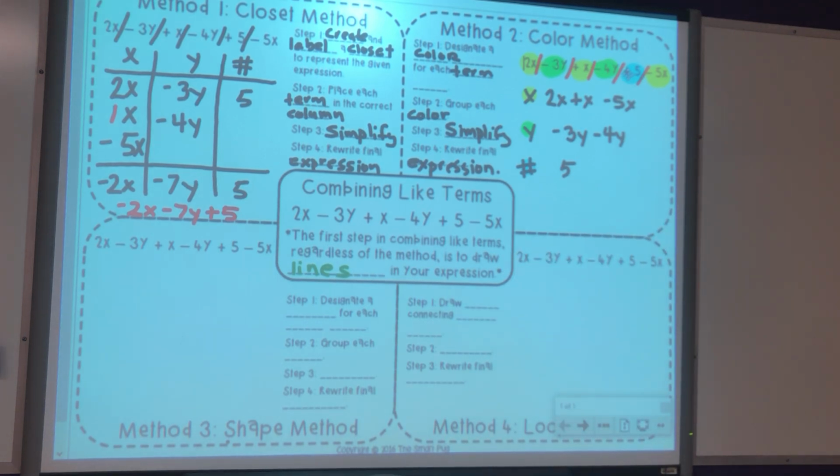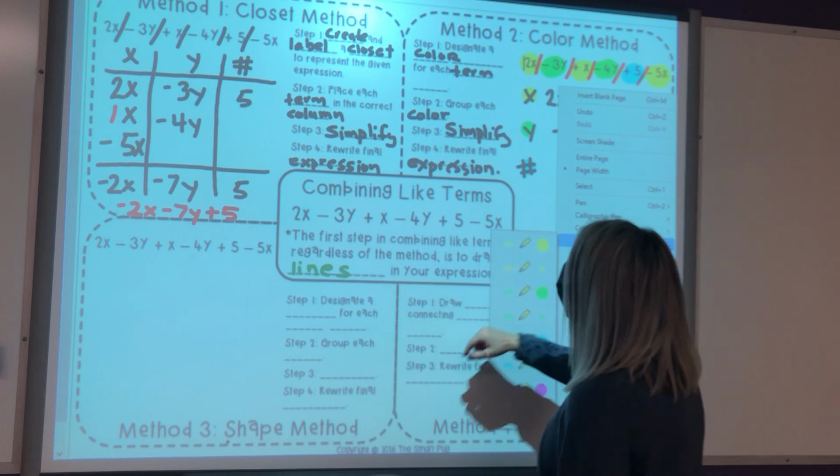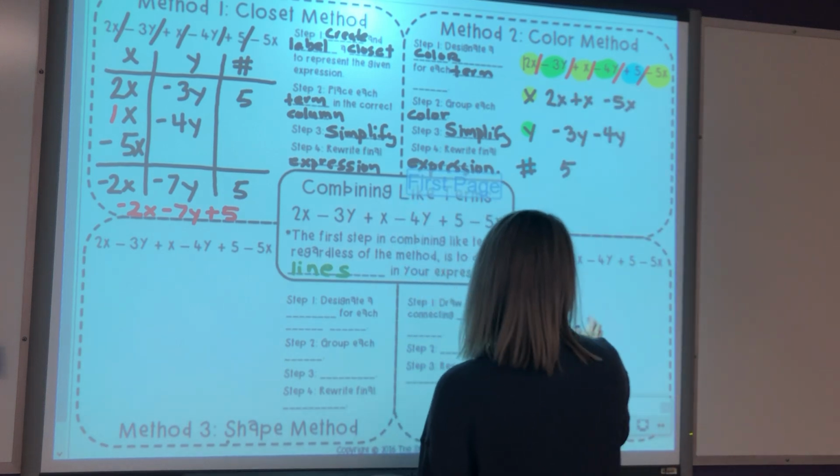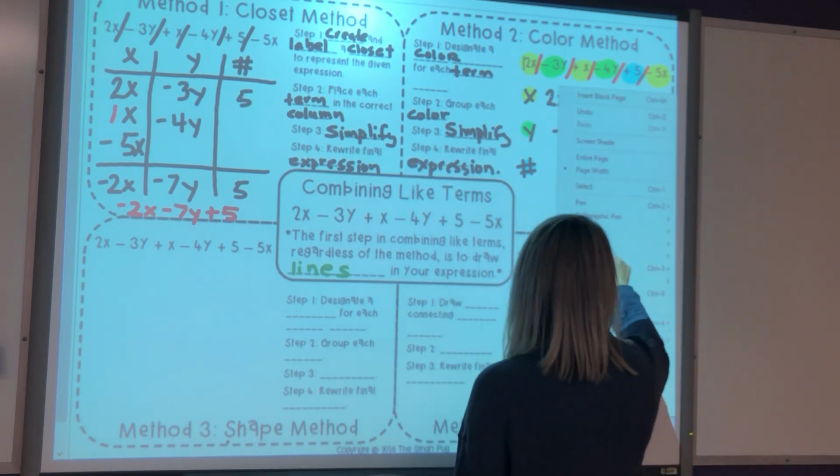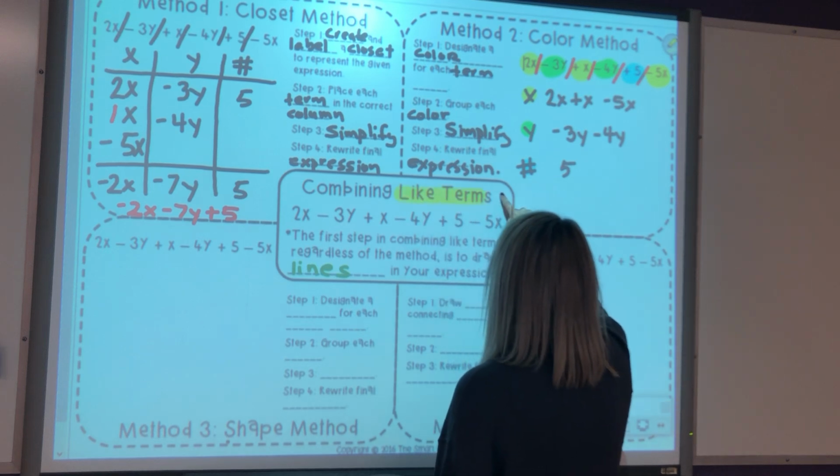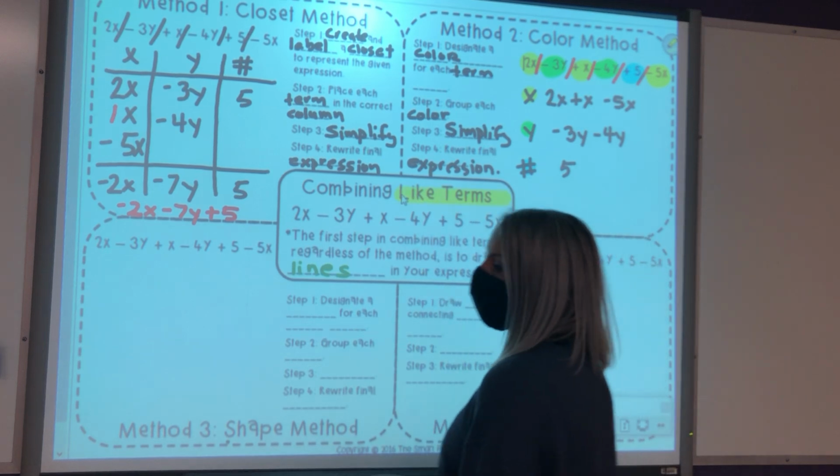So basically what I've done is I've rewritten my expression and I've broken it down into the like terms, okay? So our big goal is like terms. So that's all we're doing is finding like terms.